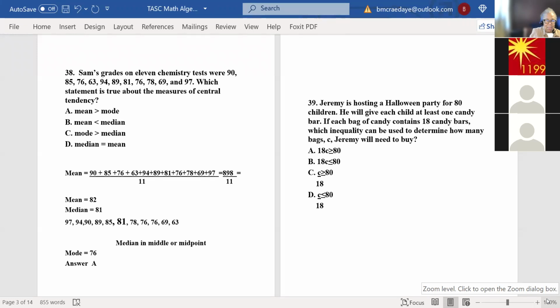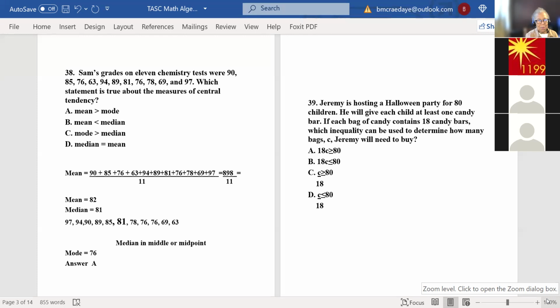Which inequality tells you how many bags Jeremy will need to buy so that each child would get at least one candy bar? D.